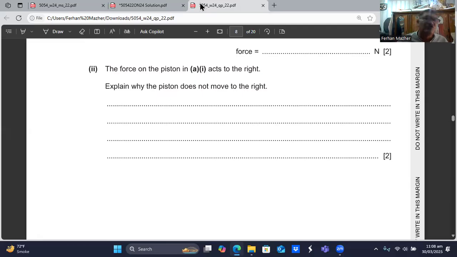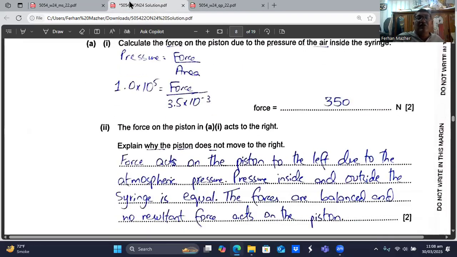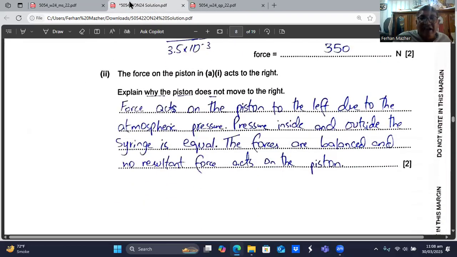So the force inward and the force outward are equal to each other, because inside and outside the pressures are the same. So the forces will be balanced and the piston will not move. No resultant force acts on the piston.